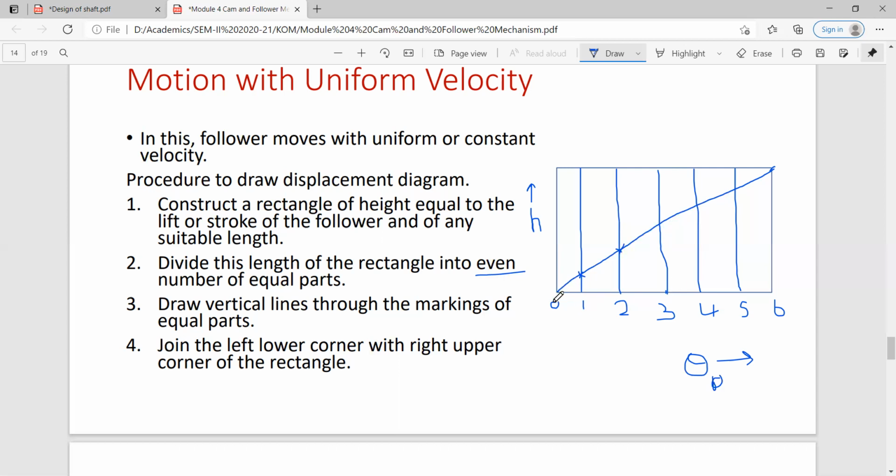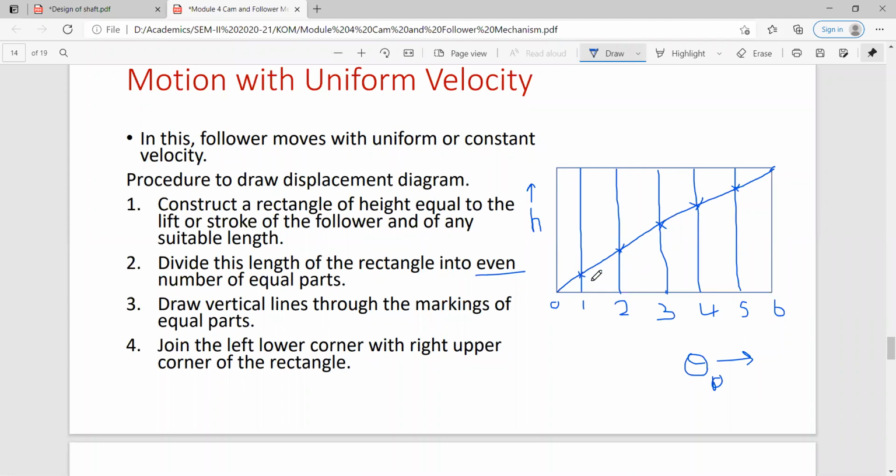When the cam will rotate through position 0 to 3, the follower will be halfway in the middle of its path. Similarly, you can locate the different positions where these vertical lines are cut by this line.